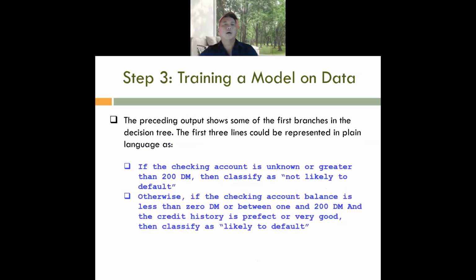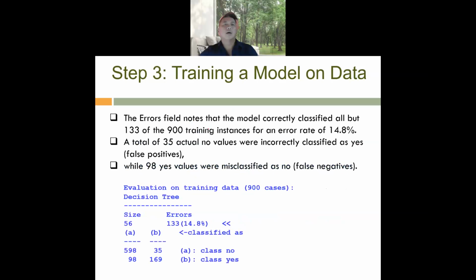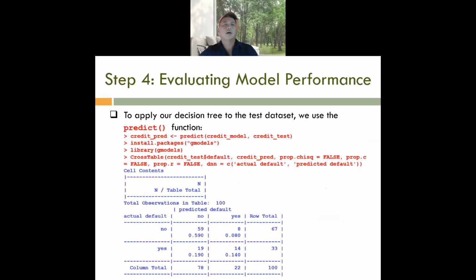Okay, if you want to evaluate them, remember that we have 100 of them. So what happened here is that we use the same model, perform the prediction, but we are using the test data set.